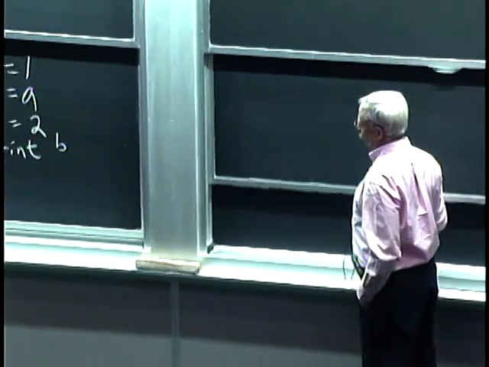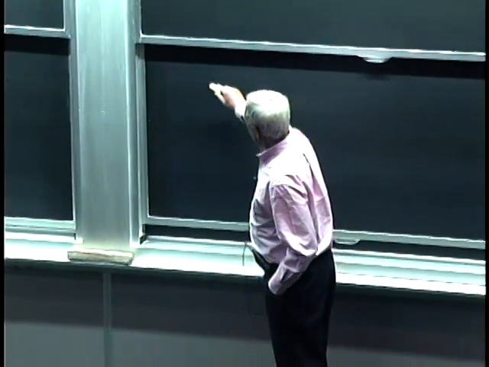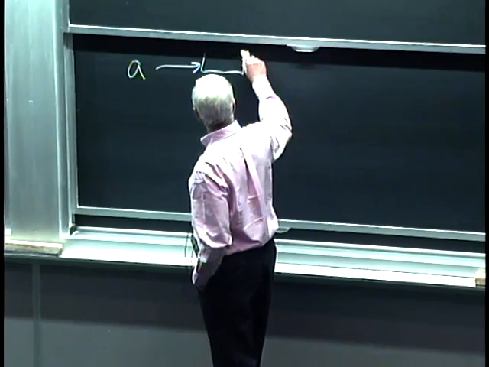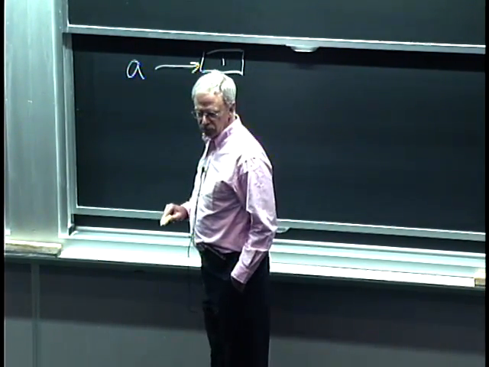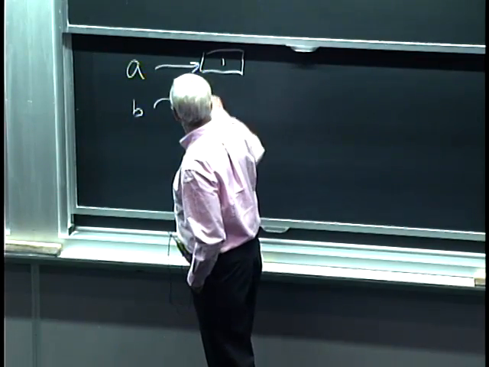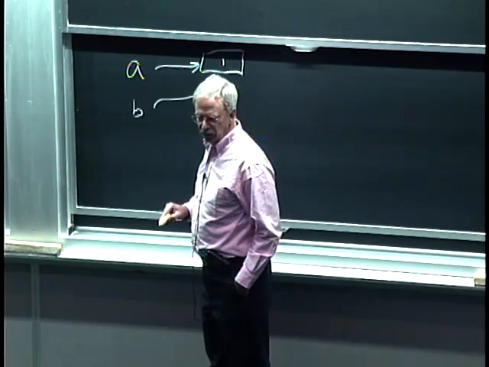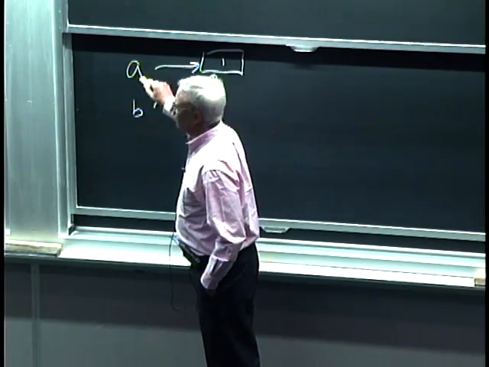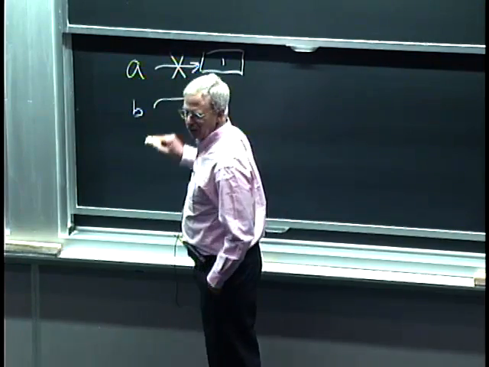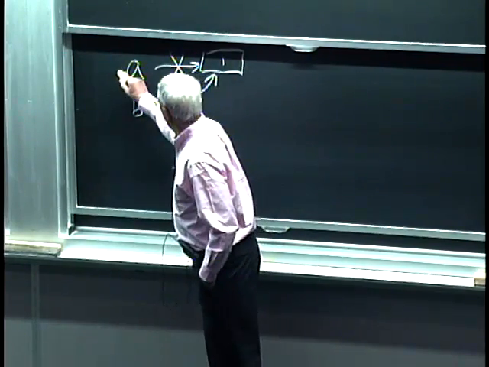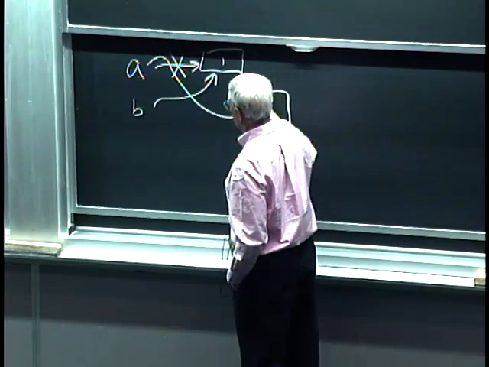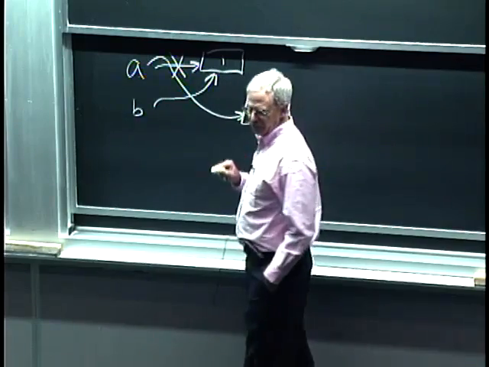So we'll draw the picture over here. Initially A is bound to an object with 1 in it. And then B got bound to the same object. But then when I did the assignment, it broke this connection and now had A assigned to a different object with the number, in this case, 2 in it.